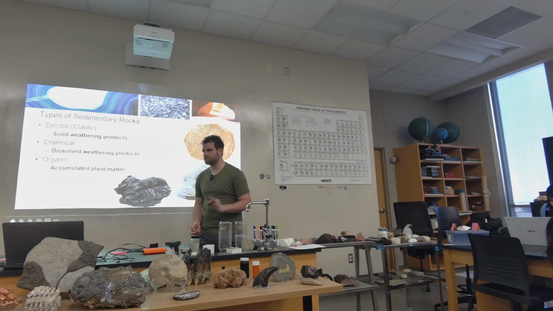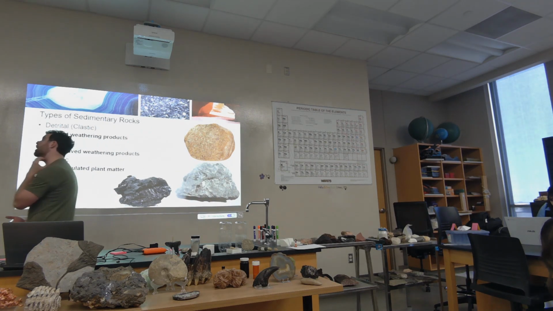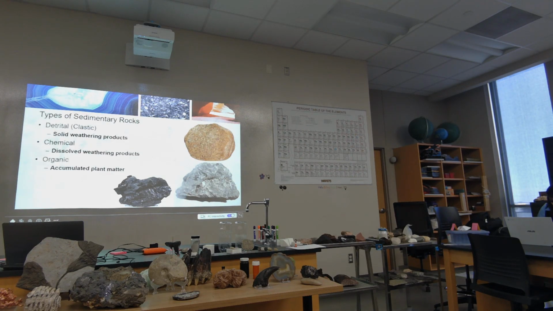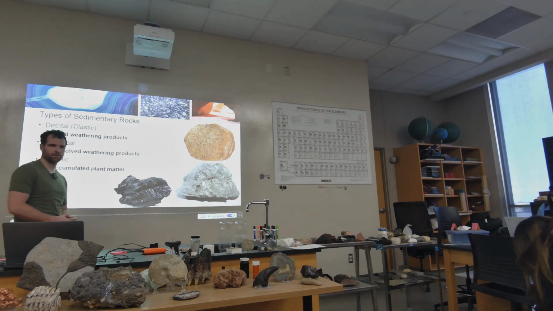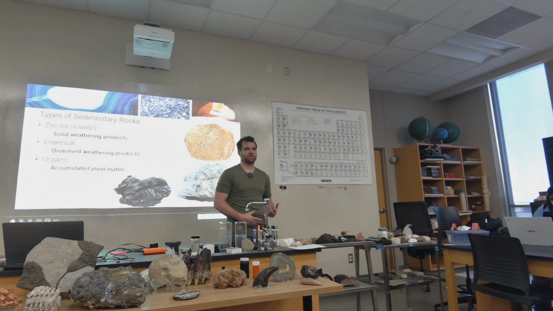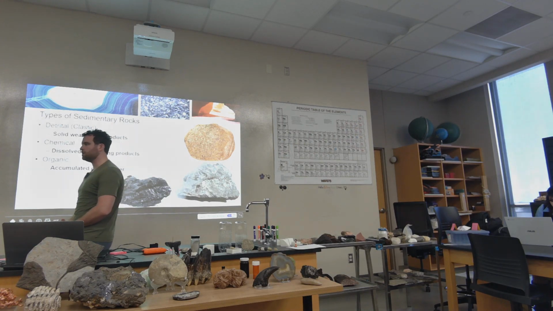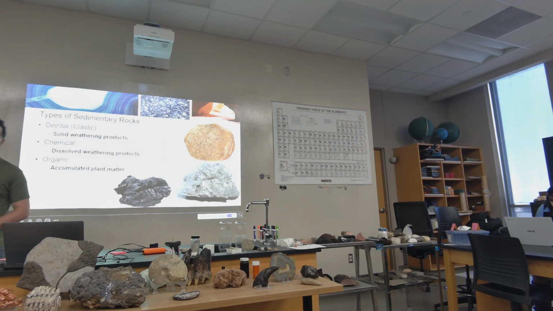Chemical sedimentary rocks are the ones that are made from the dissolved components of previously existing rocks. Chemical weathering as opposed to mechanical weathering. So if a limestone is dissolved into the groundwater and then that limestone reprecipitates into calcite later on, it's going to make a chemical sedimentary rock.